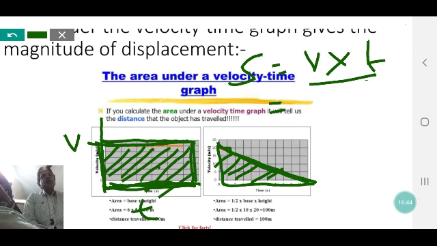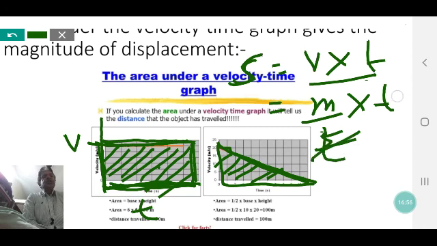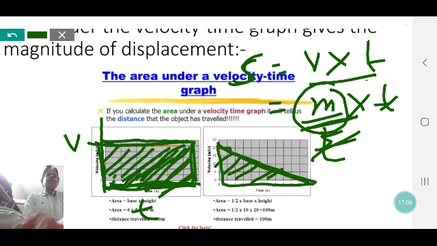Now what is the unit of the magnitude of displacement? v is in meter per second, and time is t. Now t cancels, we get the value of m, that is the meter, that is the unit of distance. So the area gives the value of displacement here.